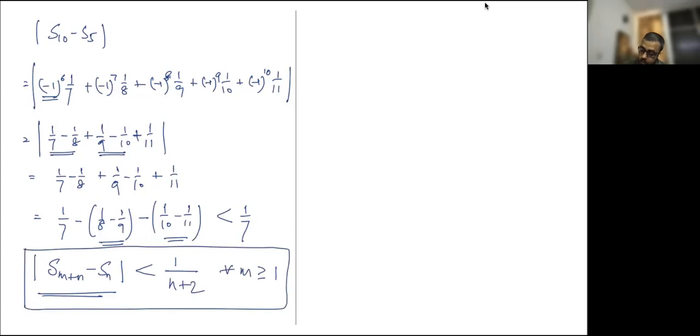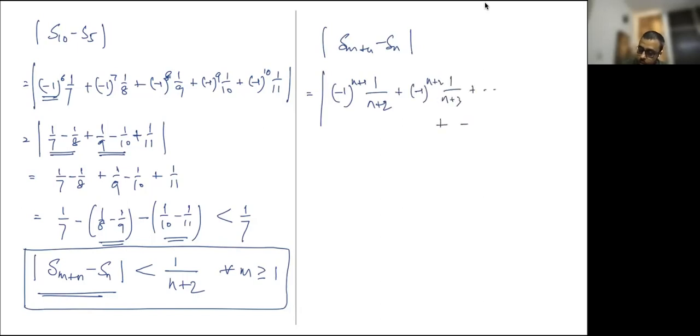Okay, so I'll just write down, it's the same argument. So you first write down the expression. The expression that you will get is (-1)^(n+1) times 1/(n+2), plus (-1)^(n+2) times 1/(n+3), and so on. We'll go all the way up to (-1)^(m+n) times 1/(m+n+1).